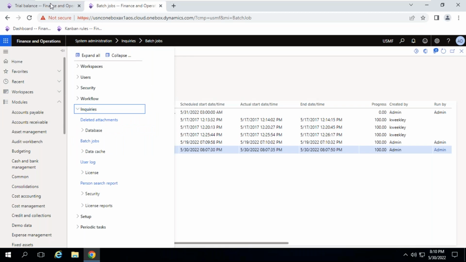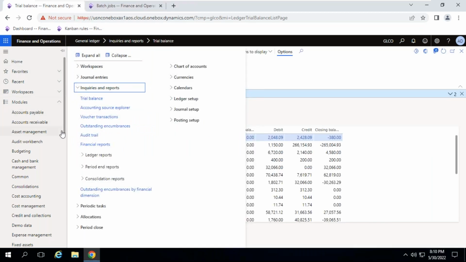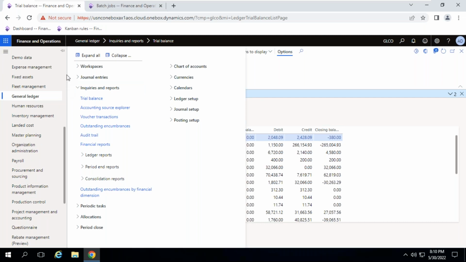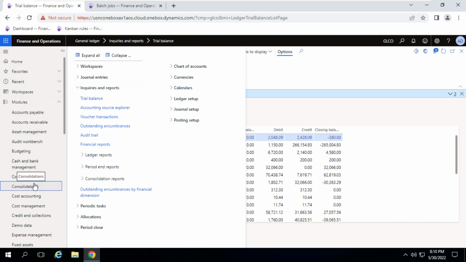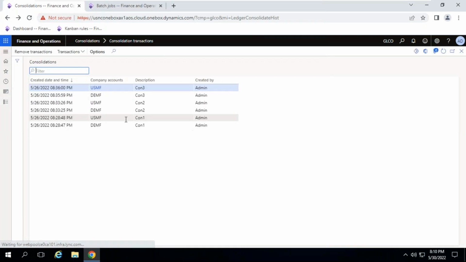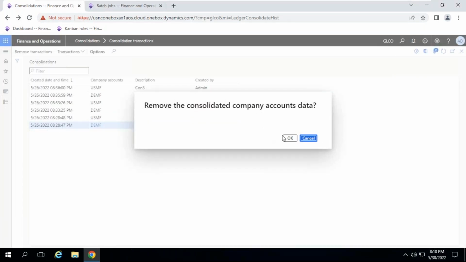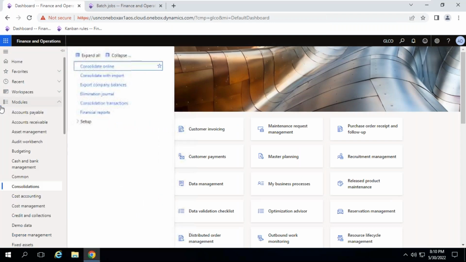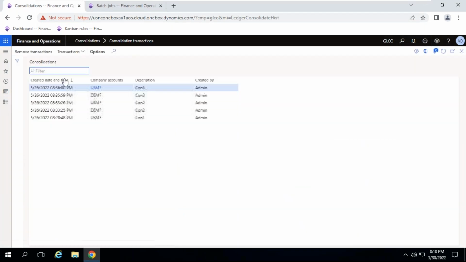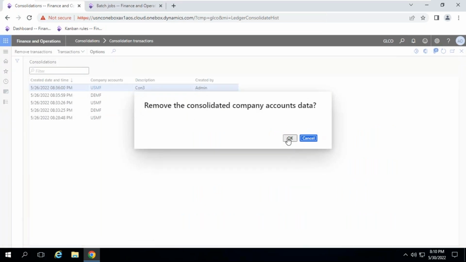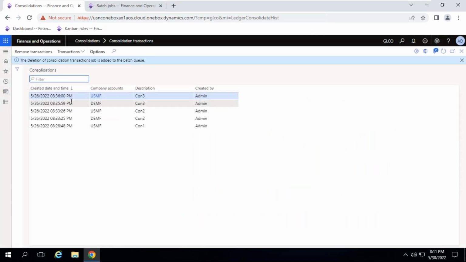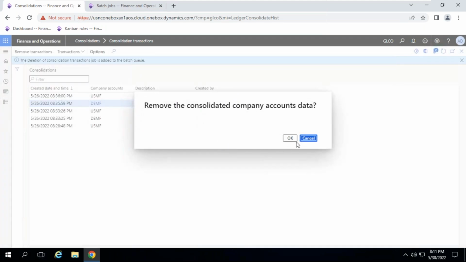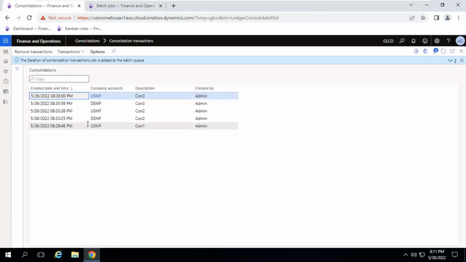Now we can go to the GLCO company. Now we can execute consolidations once again. Already existing transactions will always be moved to history. If you want to remove them, you can do a removal also, so that you can execute freshly.